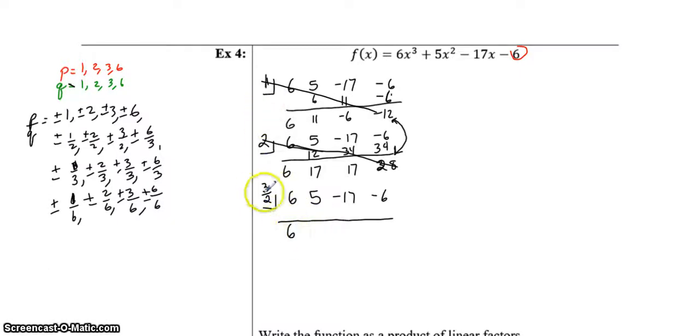So bring the 6 down. 3 halves times 6 is 9. Let's see here. Did I get that right? Yeah. Add. 3 halves times 14 is 21.